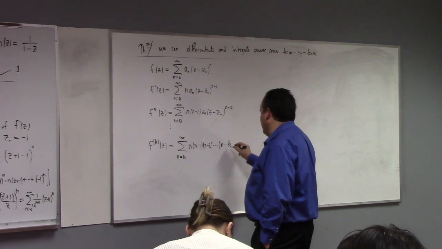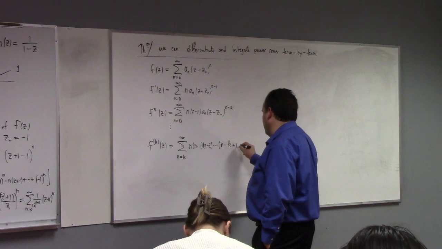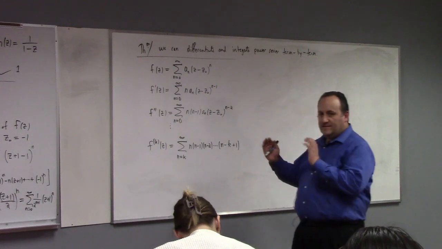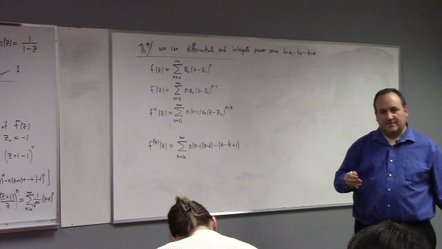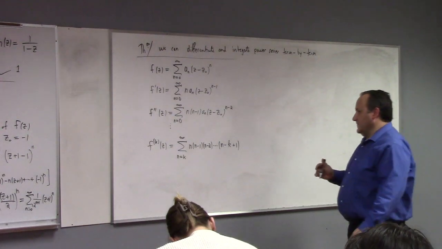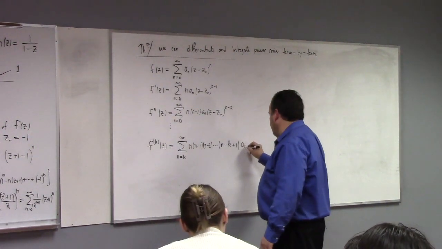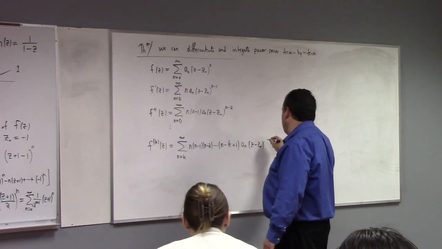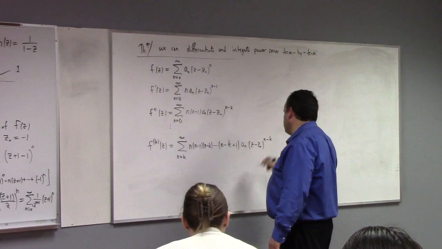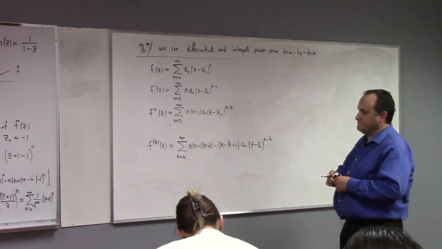So you could either write this as n minus k plus 1, or you could put parentheses and do n minus (k minus 1), which would also be true. That is the pattern. And then, of course, we've still got the a_n and (z minus z naught) to the power n minus k.